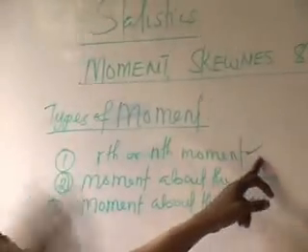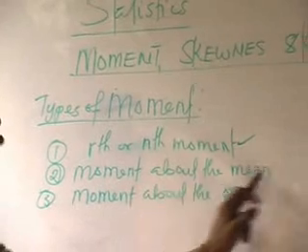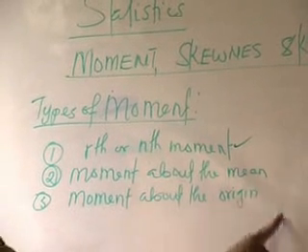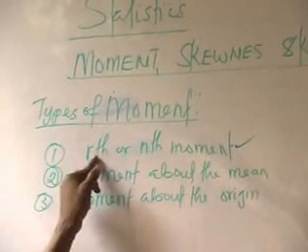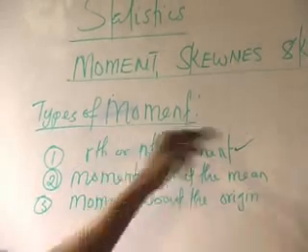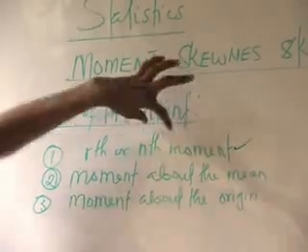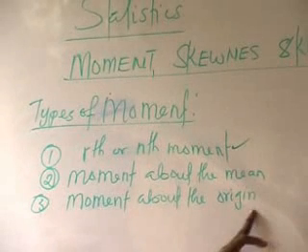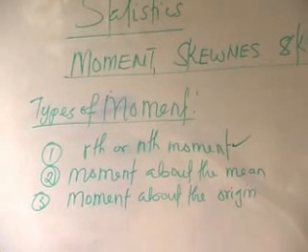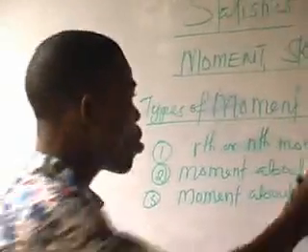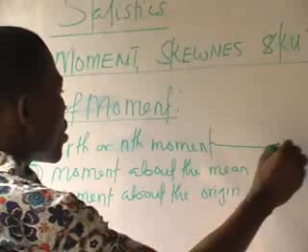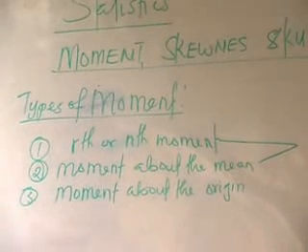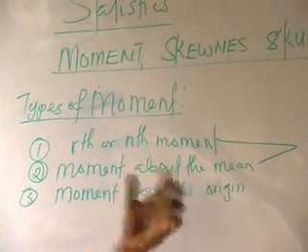Now, every moment has different types. The moment about the mean has different types, and moment about the origin is the same thing as well. The answer you get under the rth moment is still the same answer you get when you use moment about the origin. Most textbooks recognize the rth moment and moment about the mean, while rarely few textbooks recognize moment about the origin.